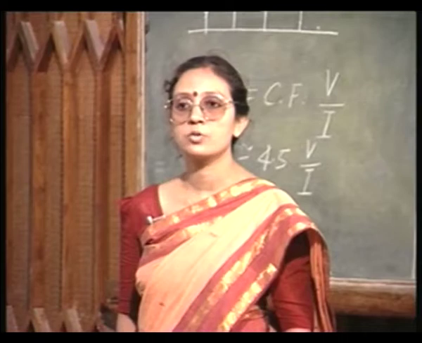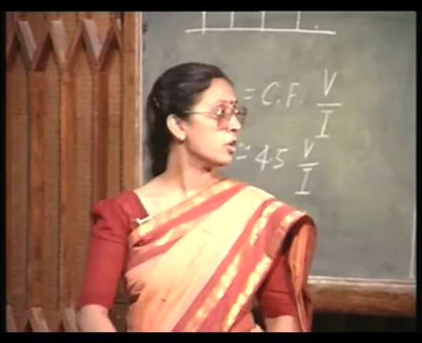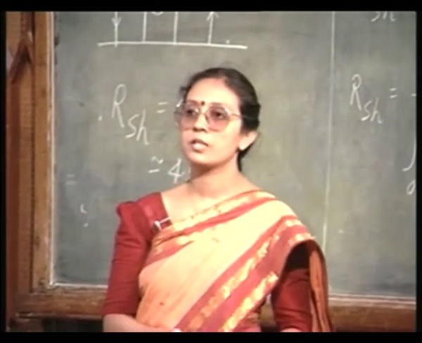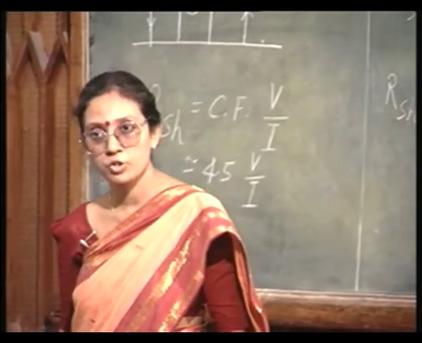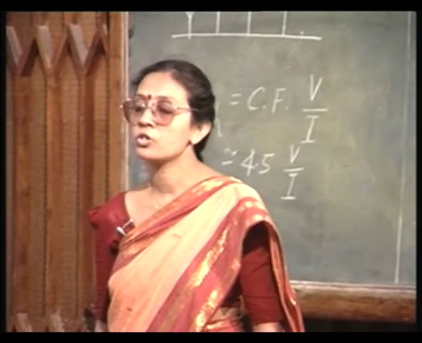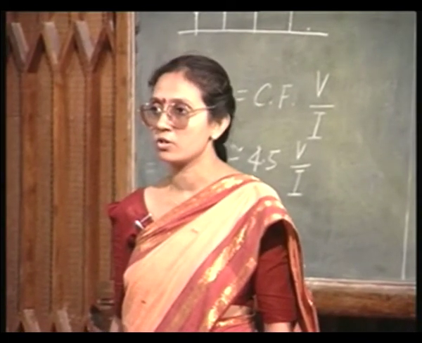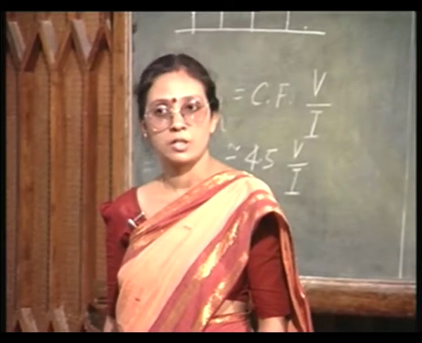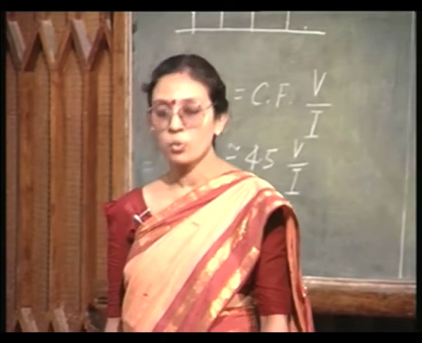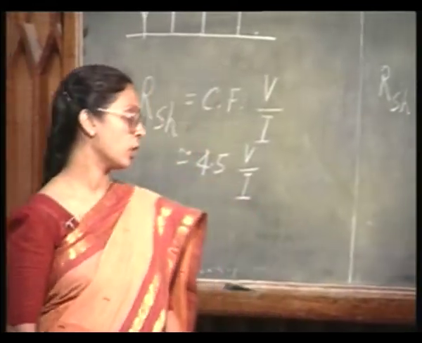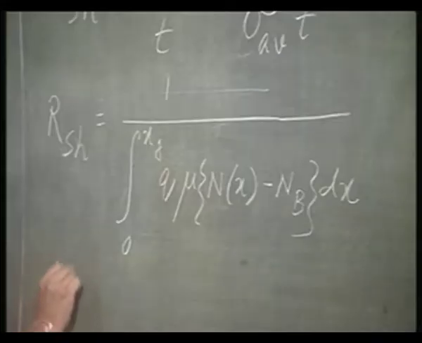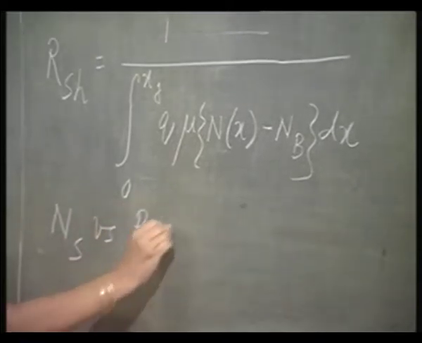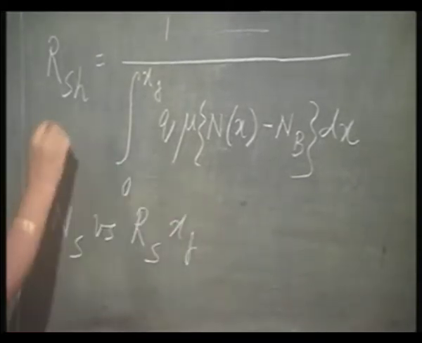Computer derived solutions do exist for various profiles, that is, if it is a complementary error function profile or if it is a Gaussian profile, and also for various background concentration. It is possible to obtain computer derived solution, and we have a set of plots available which plots ns as a function of rs times xj.